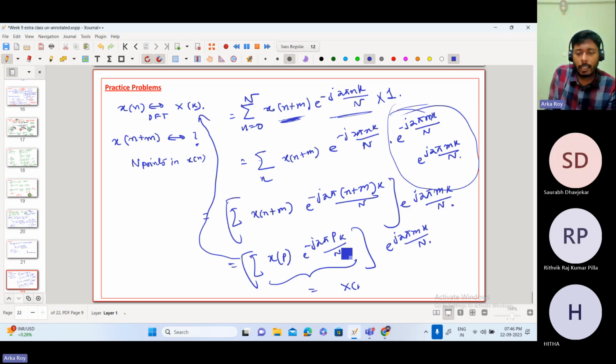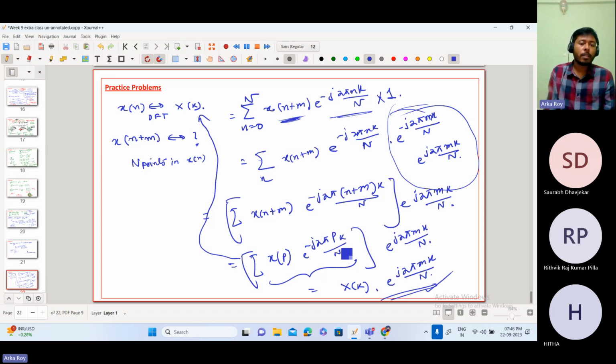That is, I can readily write it as X of k and e to the power j 2 pi m k by N. So x of n plus m has this sort of output.